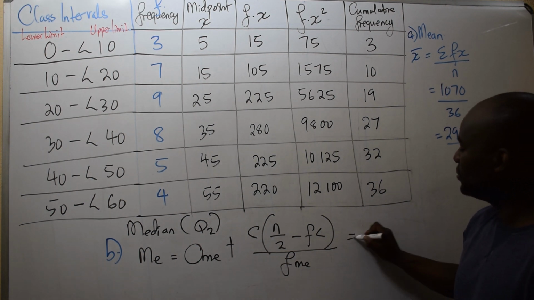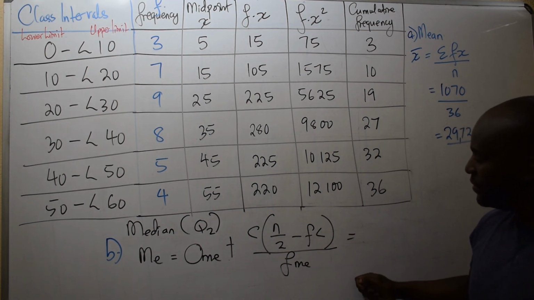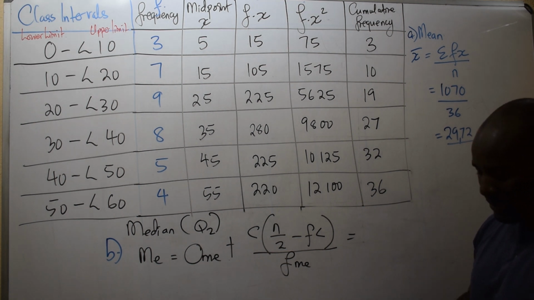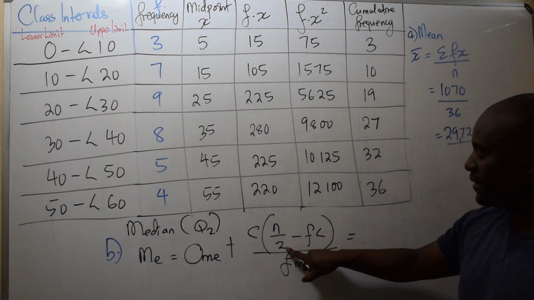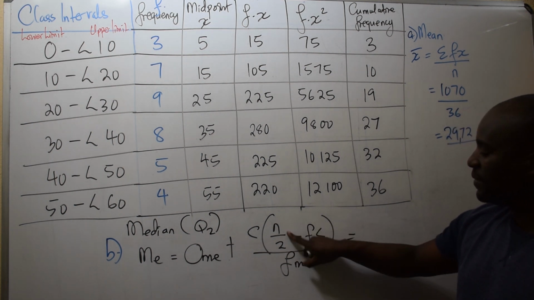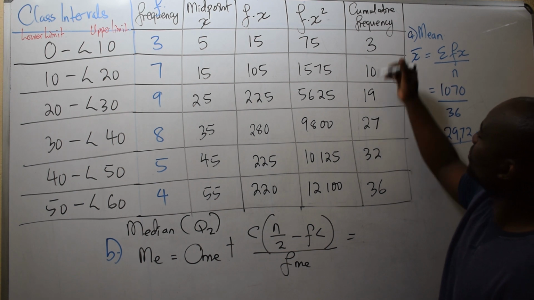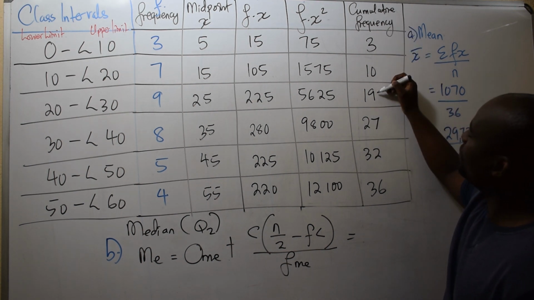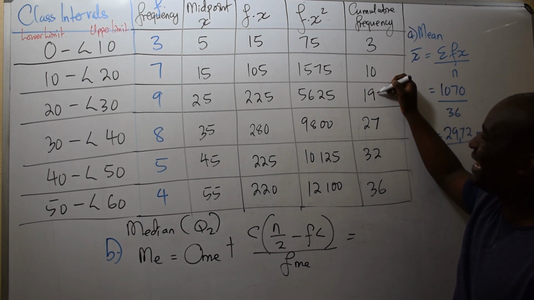So we need to substitute this. How do we go about it? We need to find the middle ground. Take your n divided by 2: 36 divided by 2 gives us 18. So our median would be where the 18th observation is.